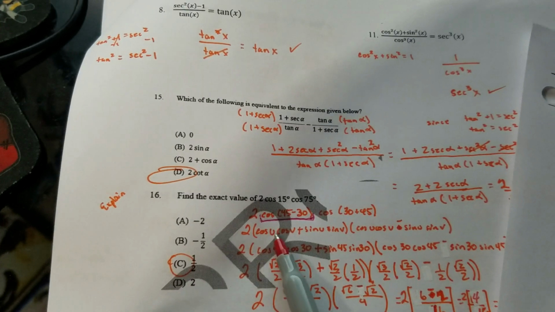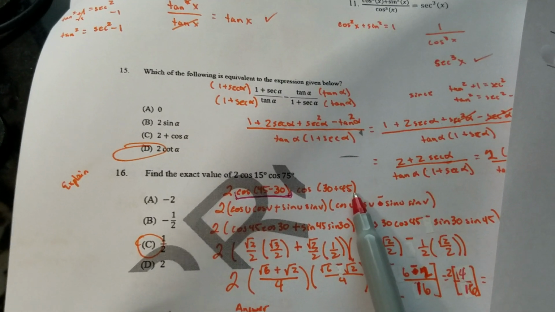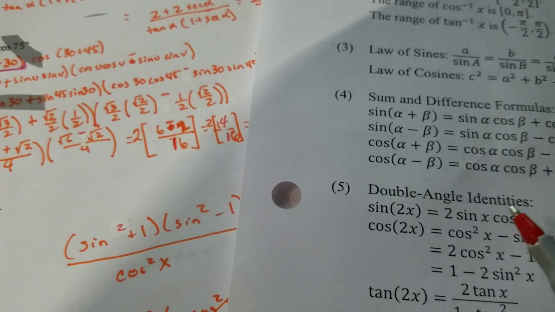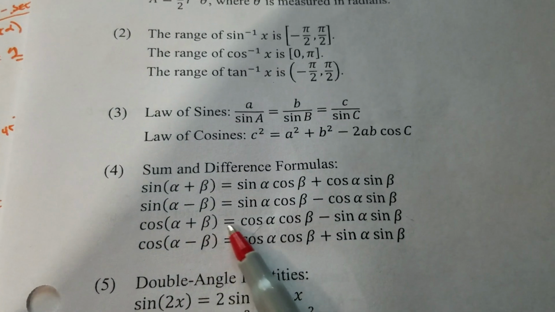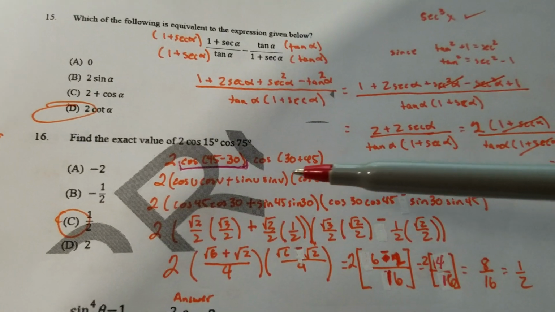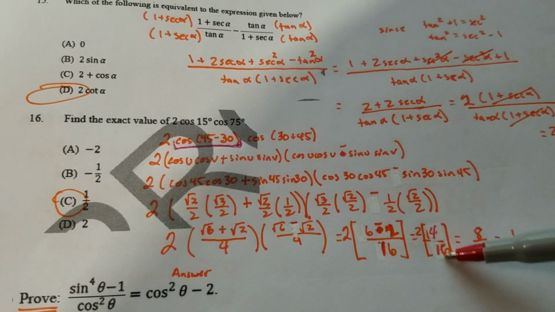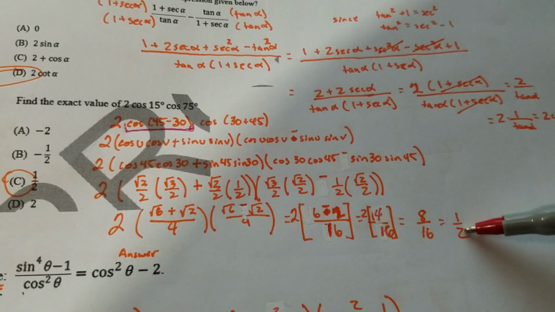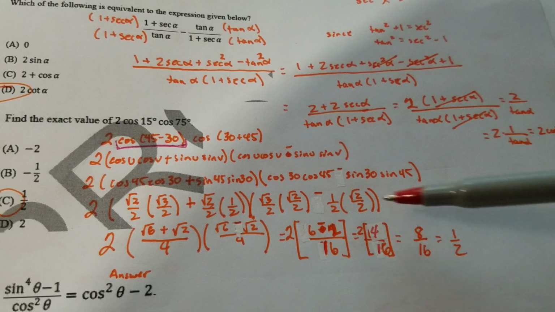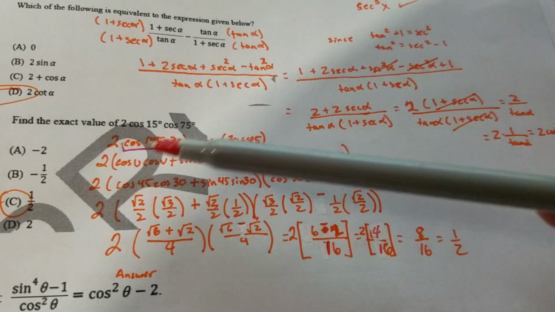Cosine 30 plus 45, that's the sum and difference identity again, now with a plus sign, so this equation right here. So essentially then I just start plugging in numbers, and after I do a bunch of algebra, you can see I made a little bit of a mistake here myself, I end up with the answer of 1/2. So go through it slowly, but that's what I'm doing. I used the sum and difference identity once, and then a second time, and then I multiplied by 2.